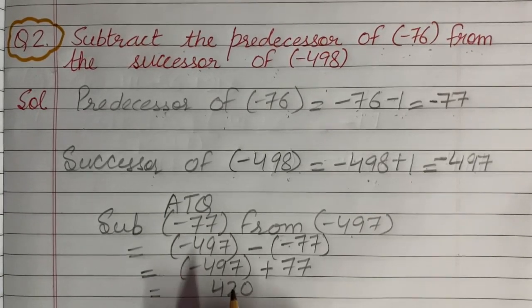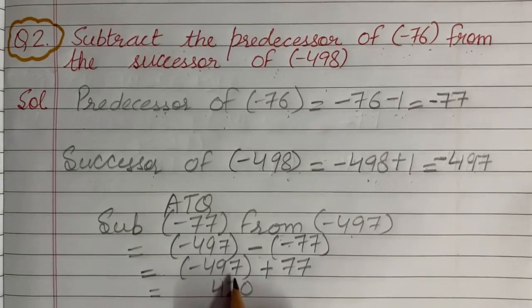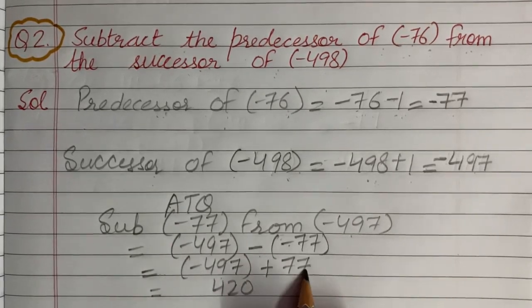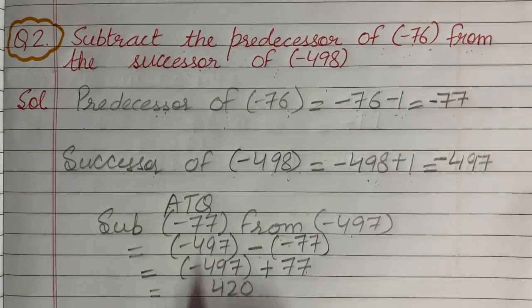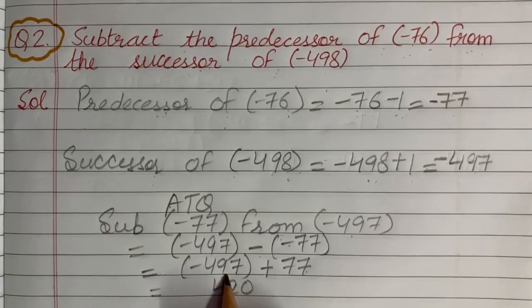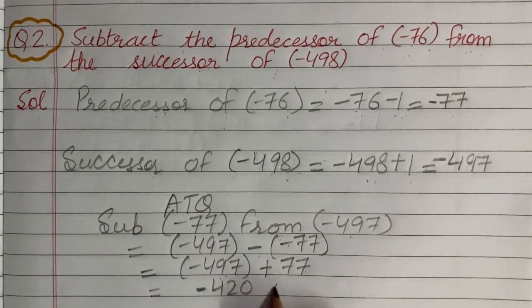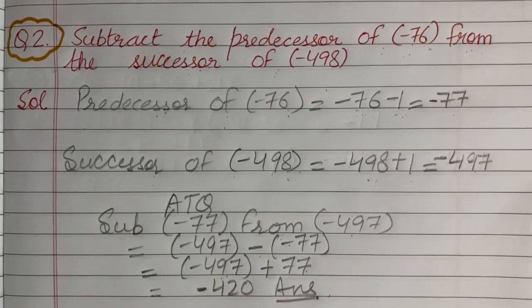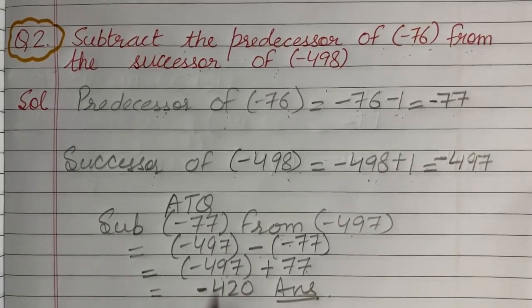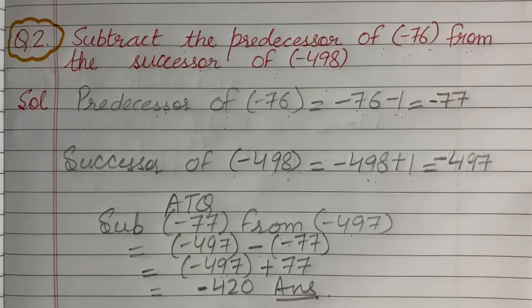We will take the sign of the bigger number, and out of this 497 and 77, which is the bigger number? Bigger number is 497, and here this 497 is negative, so minus 420 will be our answer. Hopefully question number 2 is clear to you.